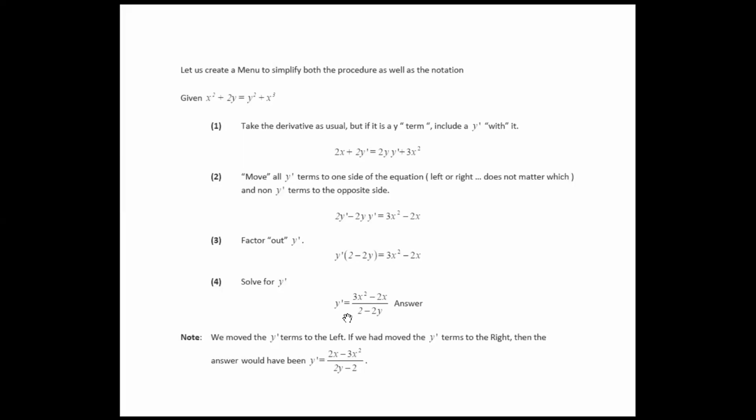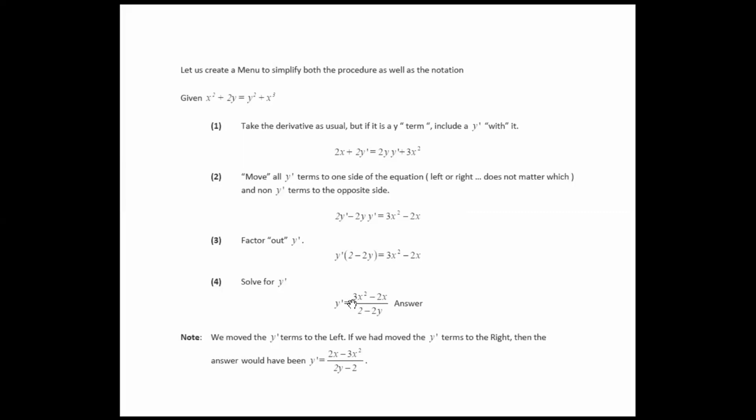Now, let's address what if you had, instead of moving this to the left, you had pulled this to the right. And instead of moving this to the right, you had moved this to the left. It would not matter. The only difference is this is the answer you would have gotten if you had moved the y primes to the right and the non-y primes to the left. Now, how do these two answers compare?